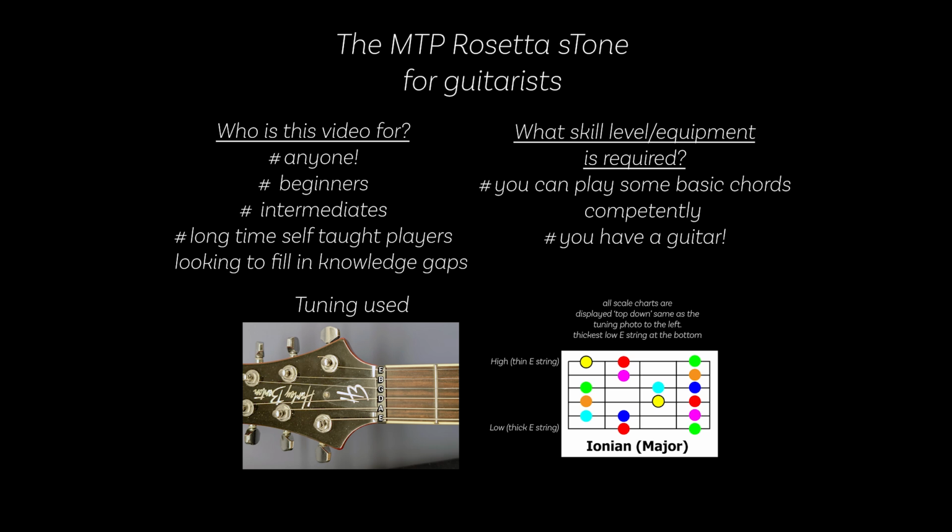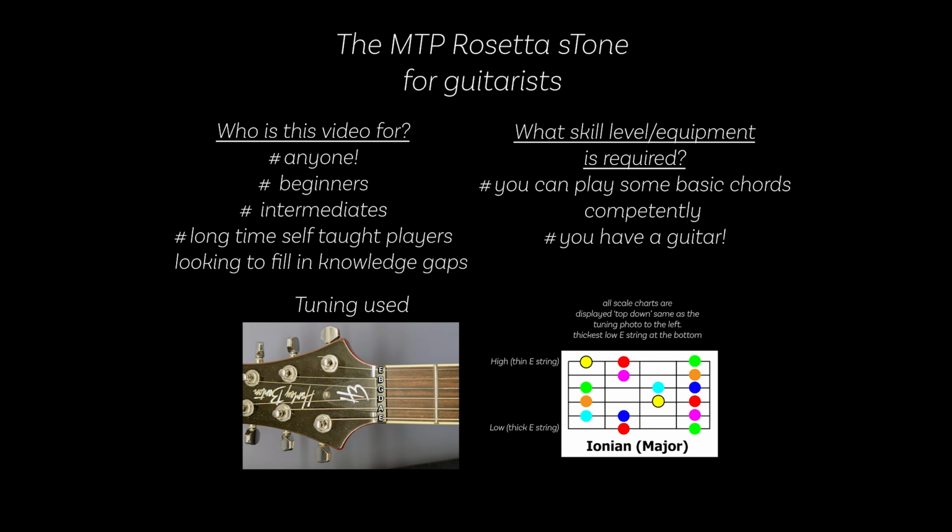As long as you can play some basic chords competently and you enjoy learning and you have a guitar, that's literally all you need. In the examples I'm going to use, it is E standard tuning. So that's from low to high, E, A, D, G, B, E. All the scale charts that we are going to fill in on the Rosetta Stone chart, they all follow the same pattern.